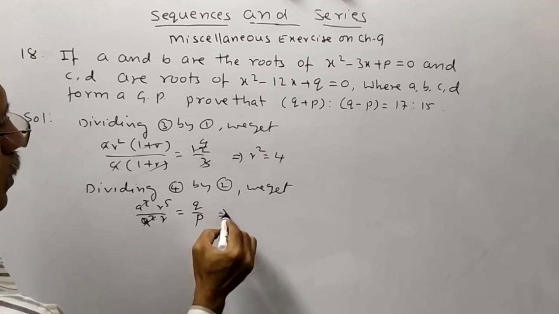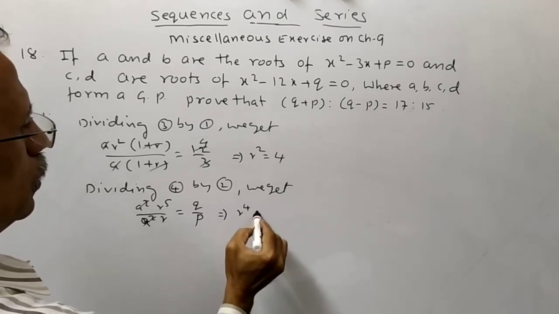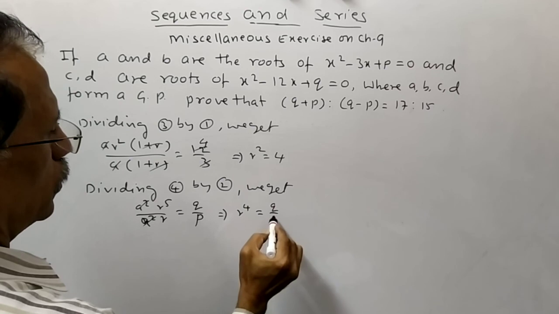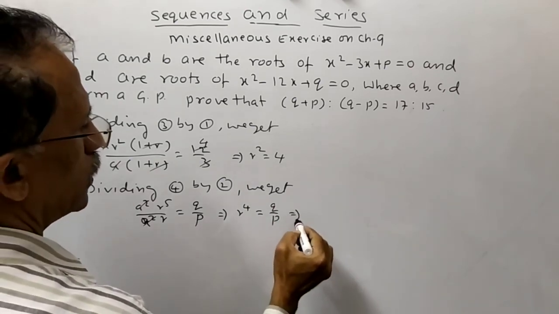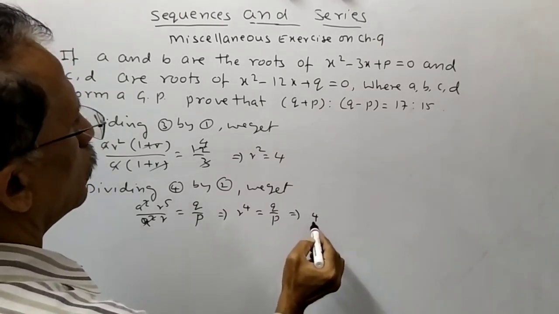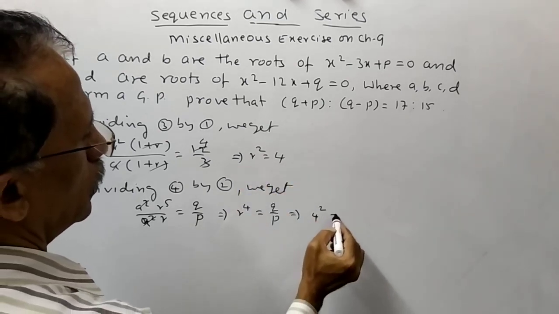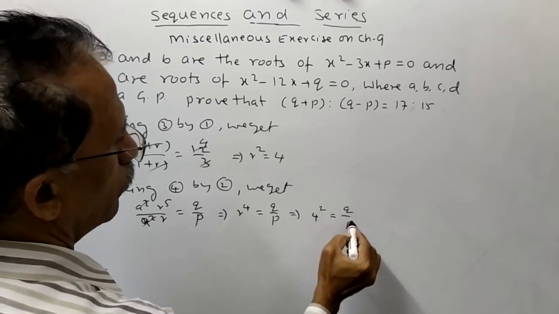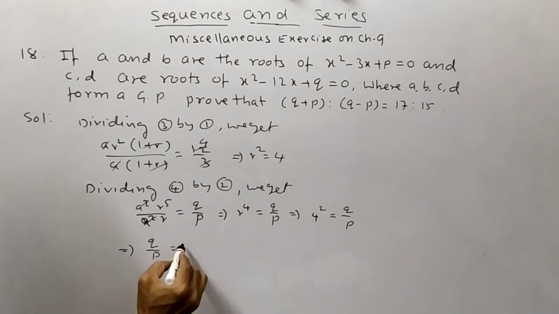This implies R raised to the power 4 is equal to q by p, implies R square whole square is equal to Q by P. This implies Q by P is equal to 16 by 1.